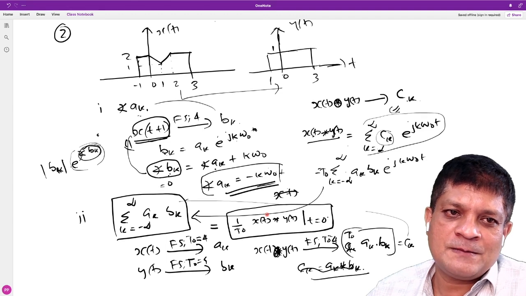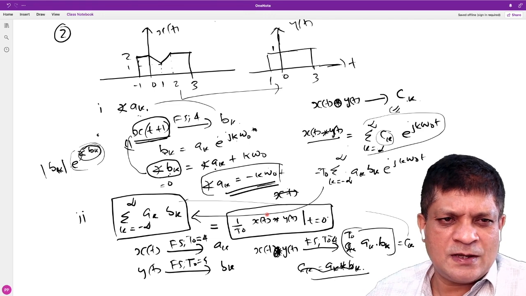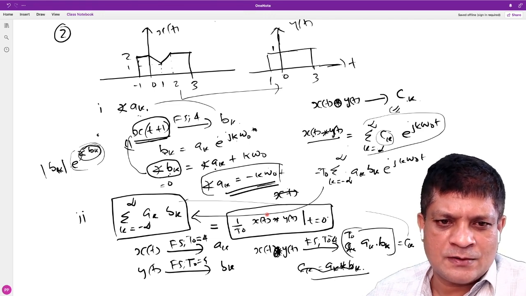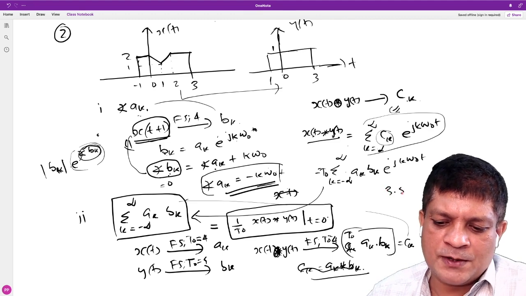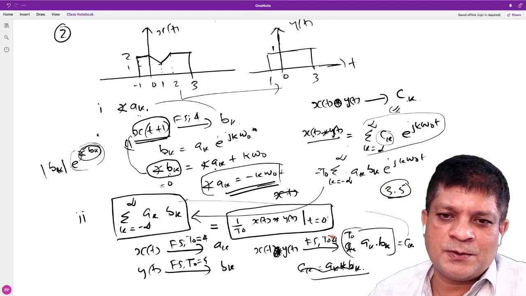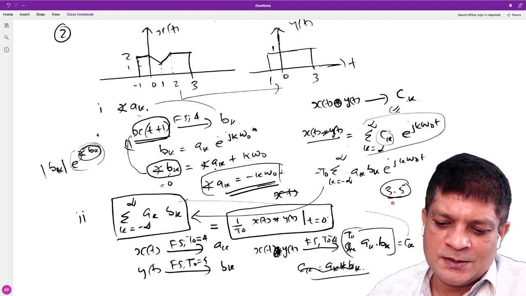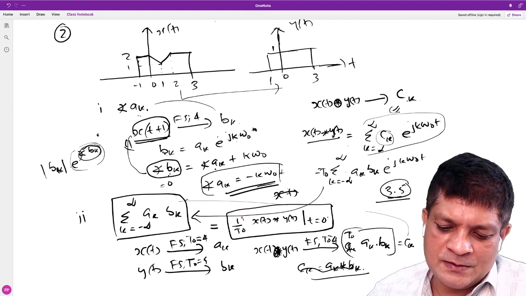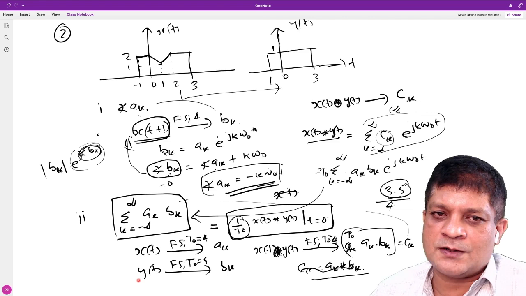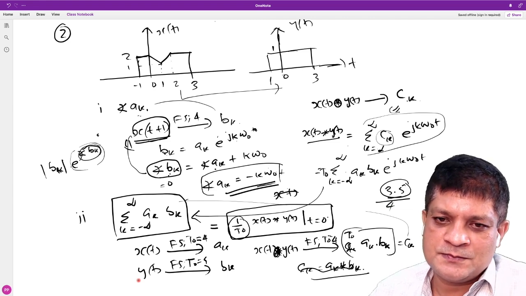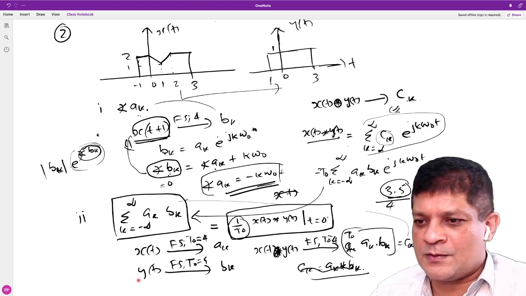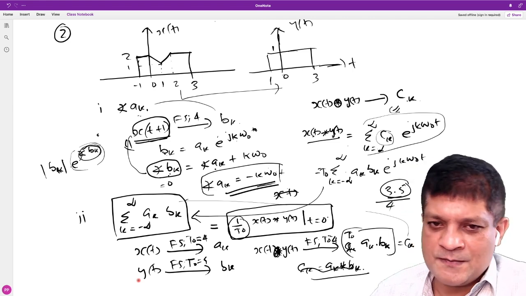What is the area then? 2 plus 1 plus half is 3.5. That area is 3.5, isn't it? 3.5 divided by 4. That is the answer.